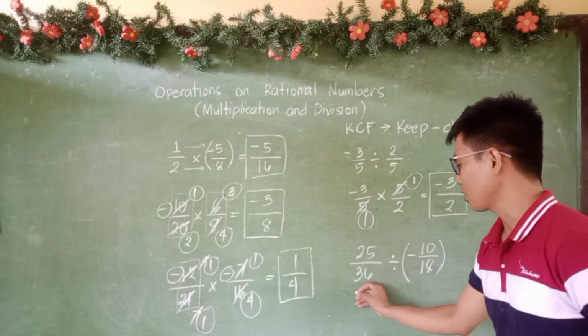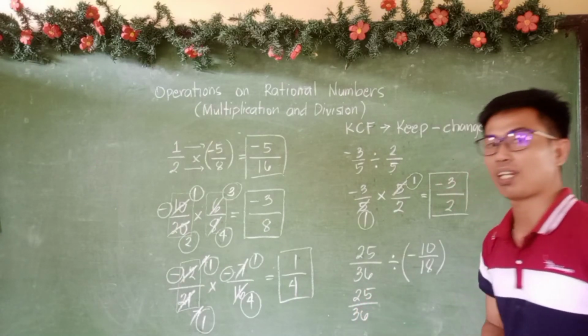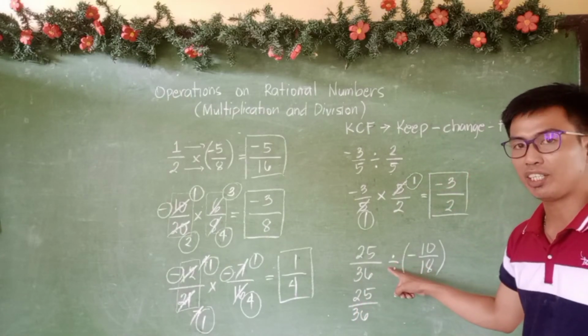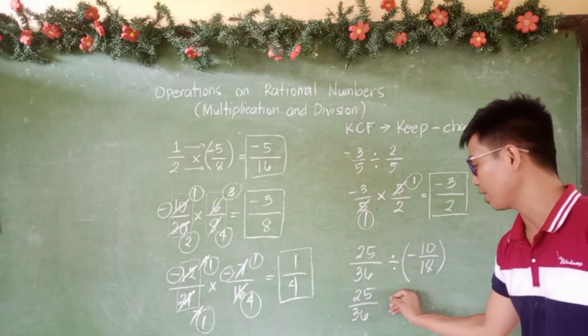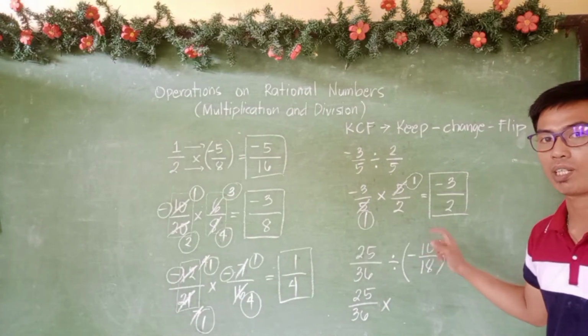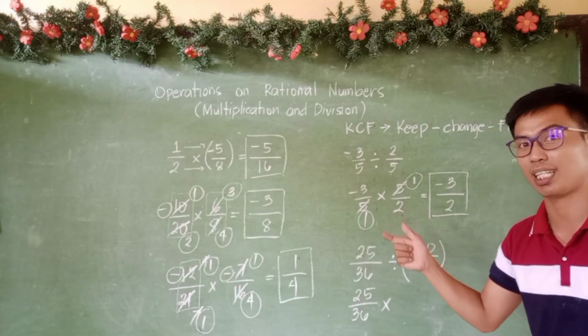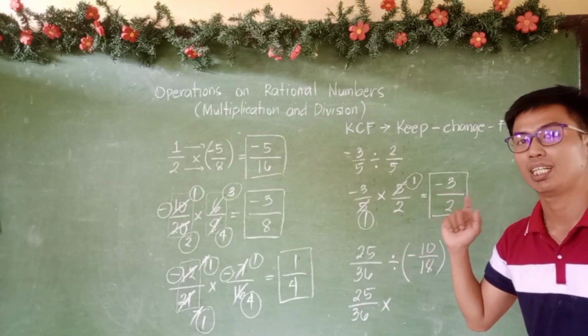So kunin lang natin to sa 25, that is for keep, 25 over 36, and then change from division, gagawin natin siyang multiplication. And flip. So kapag nag-flip kayo, huwag nyo nang isama yung sign na negative. So i-remain nyo na lang siya sa taas kasi ganun din naman yung magiging resulta.